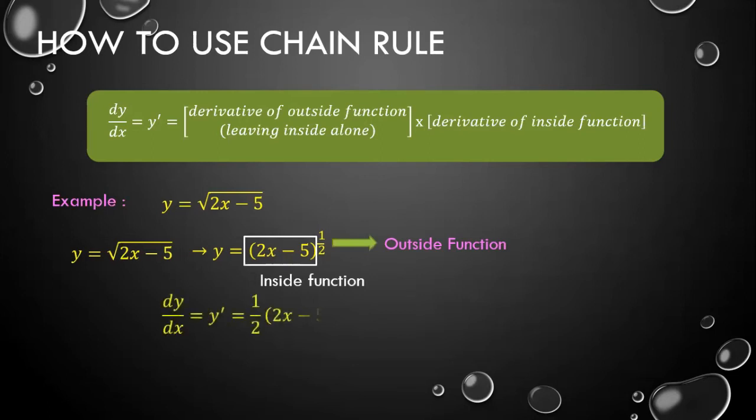Okay, next. dy over dx or y prime is a half times (2x minus 5) to the power of half minus 1, times 2. How do you know this is times 2? Once again, I want to review how we got 2. Students, the inside function is 2x minus 5, right?